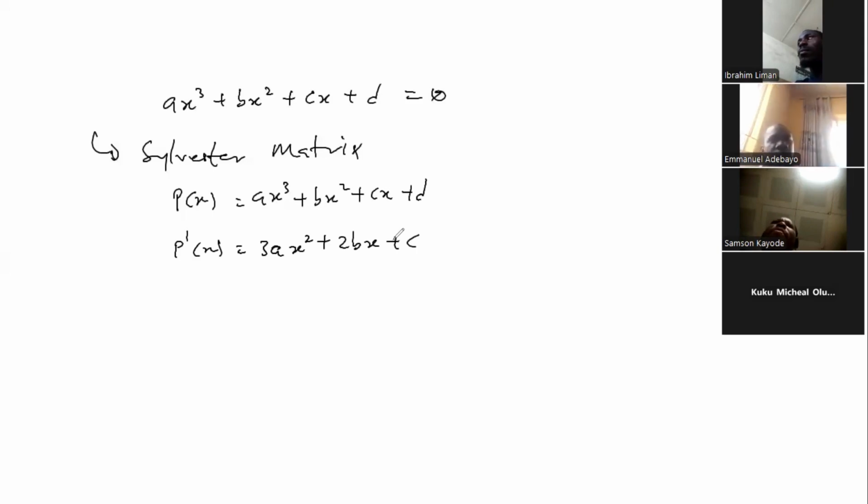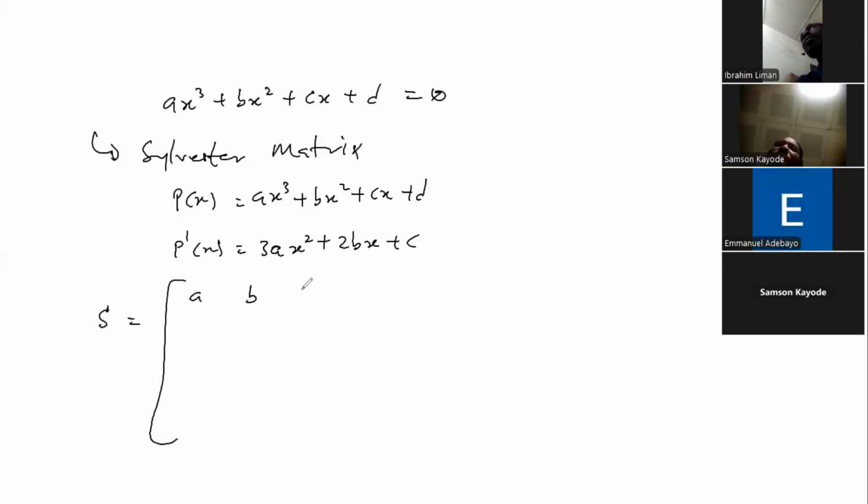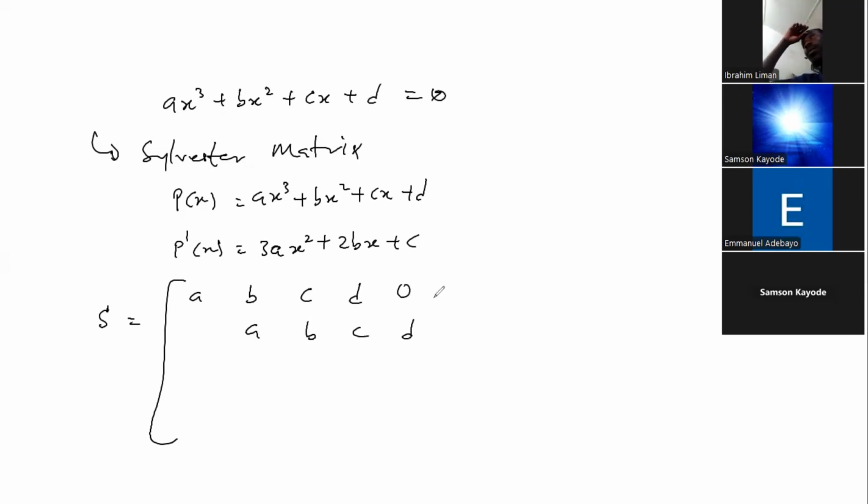So now we can develop the Sylvester matrix from this to say, well, S is the same as the coefficients. We pull out the coefficients a, b, c, d, and then we repeat a, b, c, d in this case, because we want to come up with a 5 by 5 matrix.